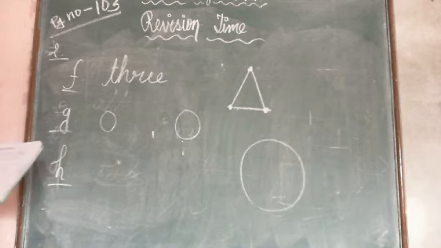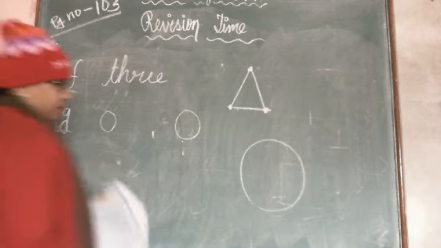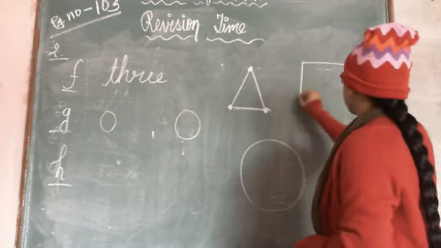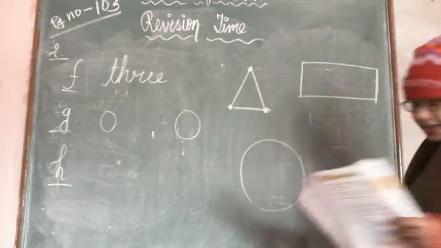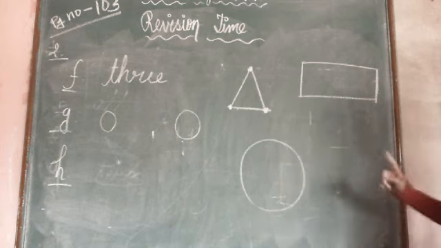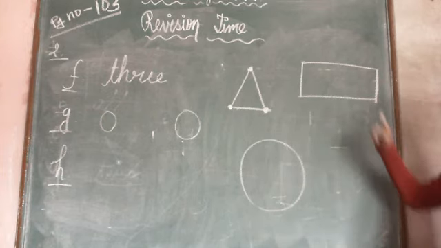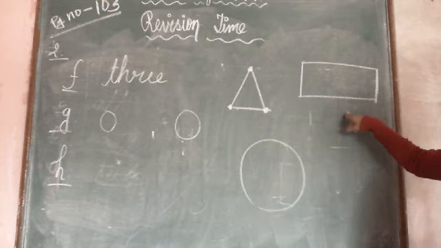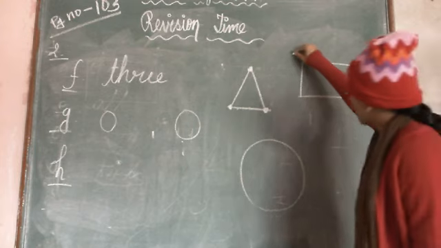H. A rectangle can be cut. So first of all, let me make a rectangle. A rectangle can be cut into dash equal triangles. We need to cut this rectangle in such a manner that triangles are formed.